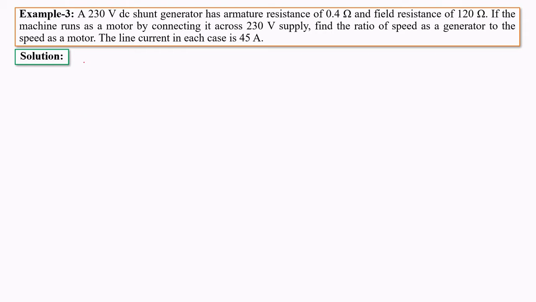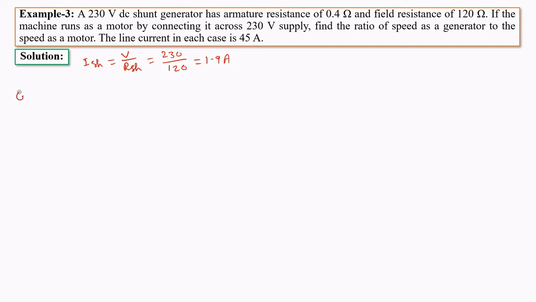The shunt field winding current of the DC shunt machine can be written as V upon RSH, where the supply voltage is 230 and the value of RSH is 120. So the shunt field current will be 1.9 ampere.